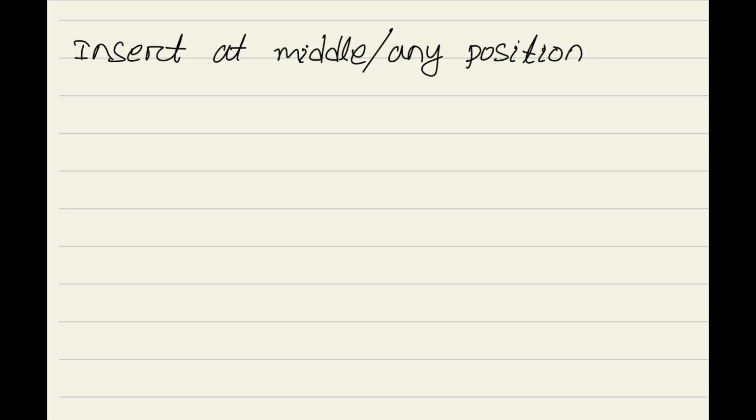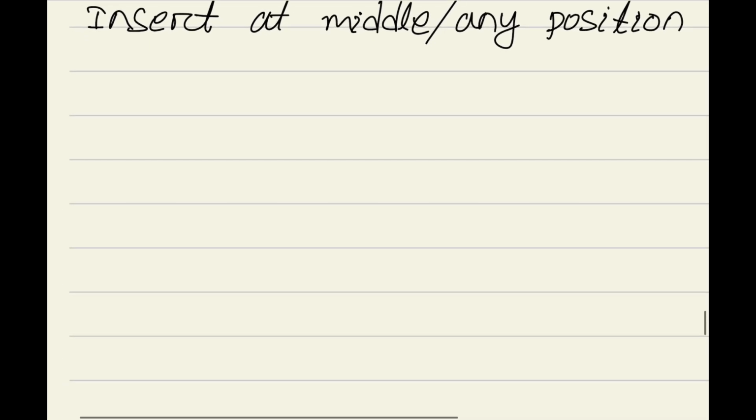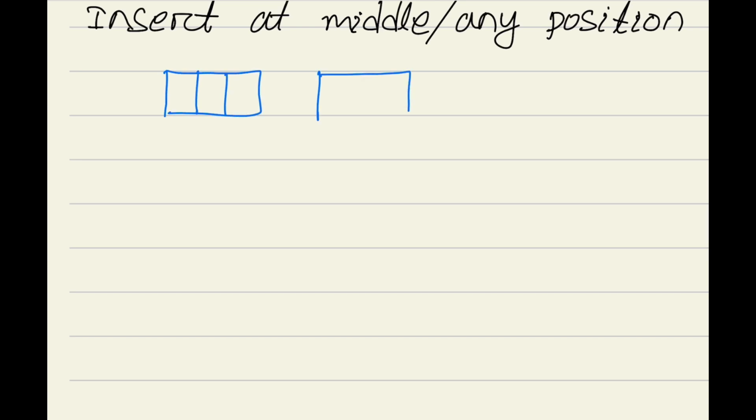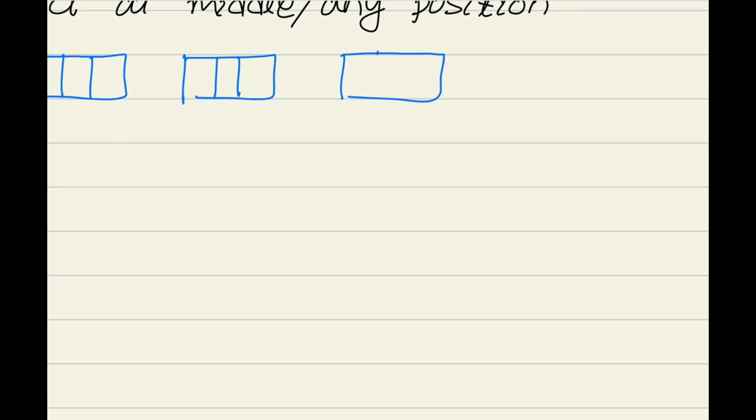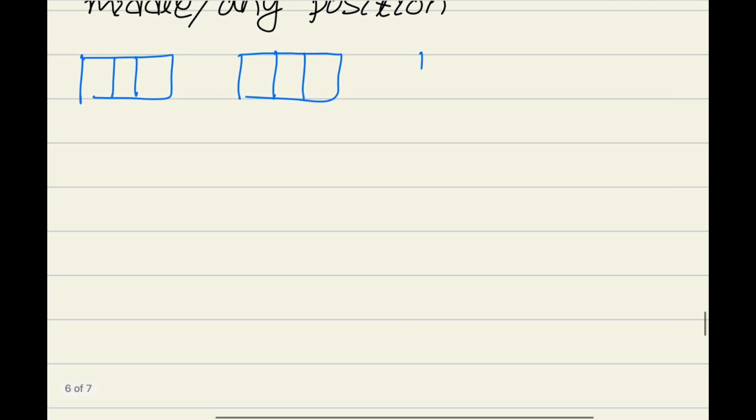So assume we have a linked list and the linked list is like this. Here we have one node and another node, we have another node and we have another node.